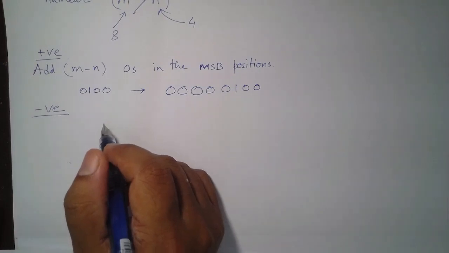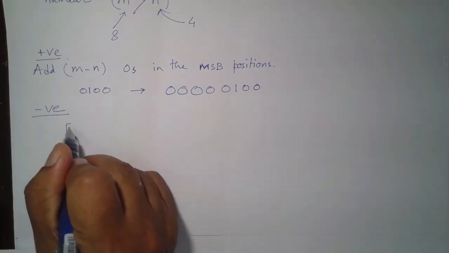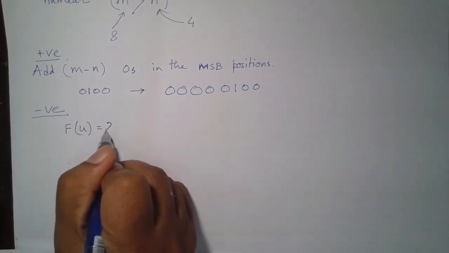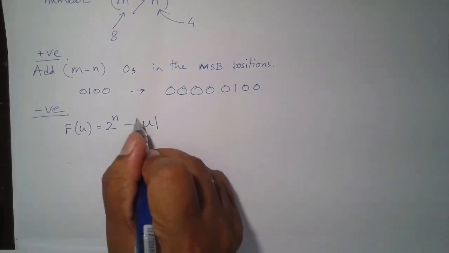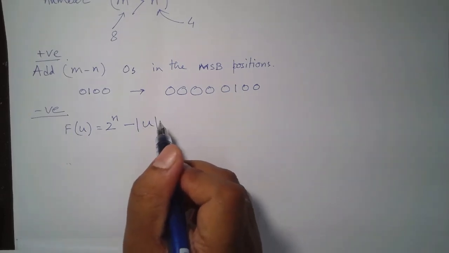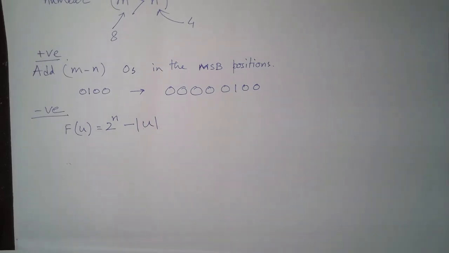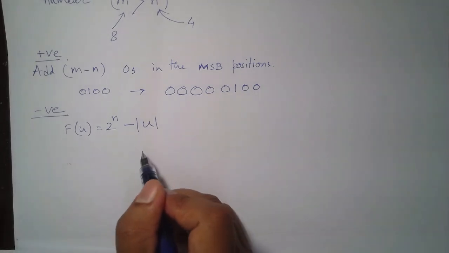Now we know that a negative number in an n bit number system is represented as 2 to the power n minus the mod of this number, in the n bit number system. Now we have to find out how it will be represented in the m bit number system.